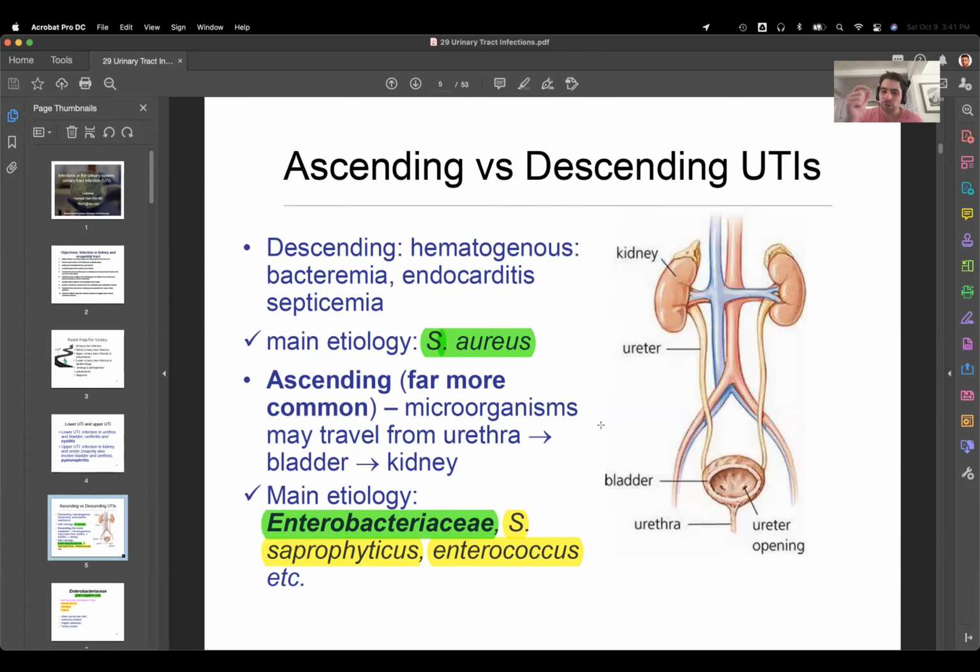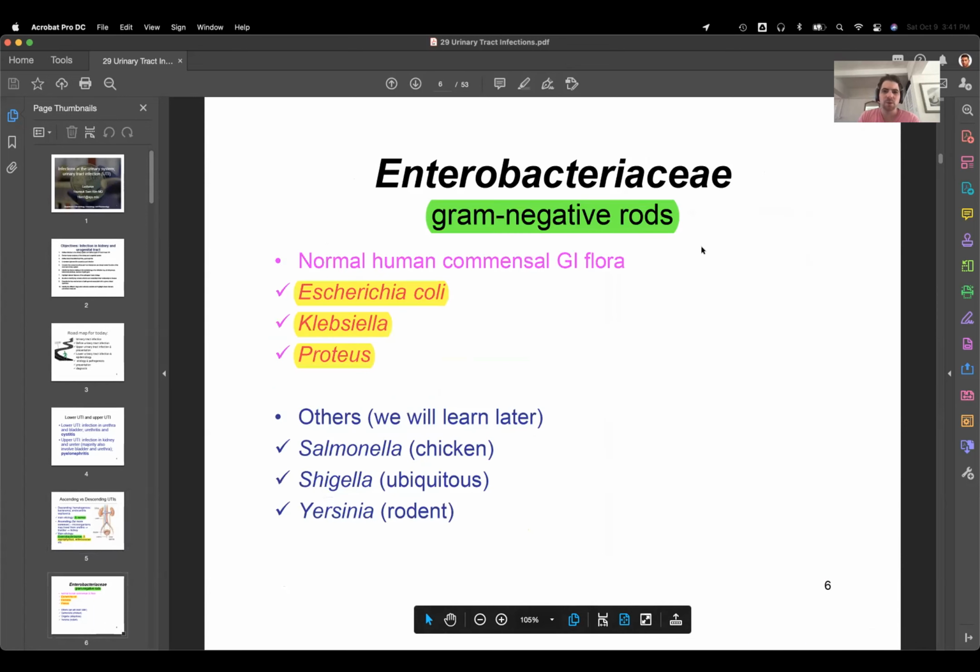Typically, females have a shorter urethra, so they have a higher prevalence of UTIs than males. But what you'll see is Staph aureus is there. Some of those Enterobacteriaceae classes, Staph saprophyticus and Enterococcus species can cause it as well. But think about these gram-negative rods: E. coli, Klebsiella.